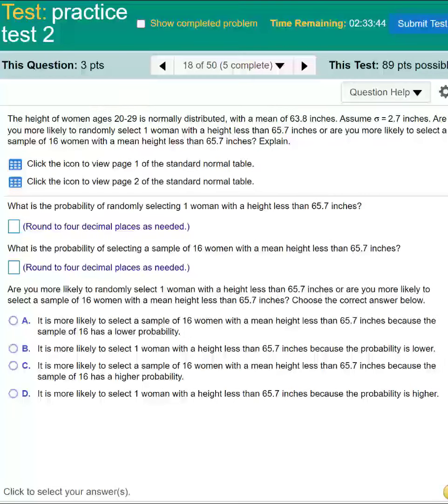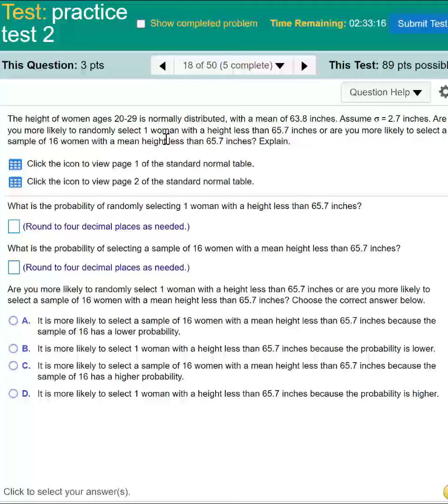The heights of women aged 20 to 29 are normally distributed with a mean of 63.8. Assume sigma is 2.7. Are you more likely to randomly select one woman with a height of less than 65.7 inches, or are you more likely to select a sample of 16 women with a mean height less than 65.7? Well, it's asking us to find the probability, in other words.